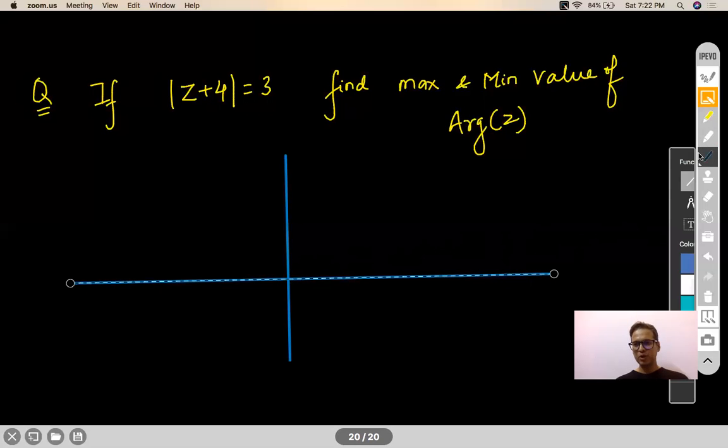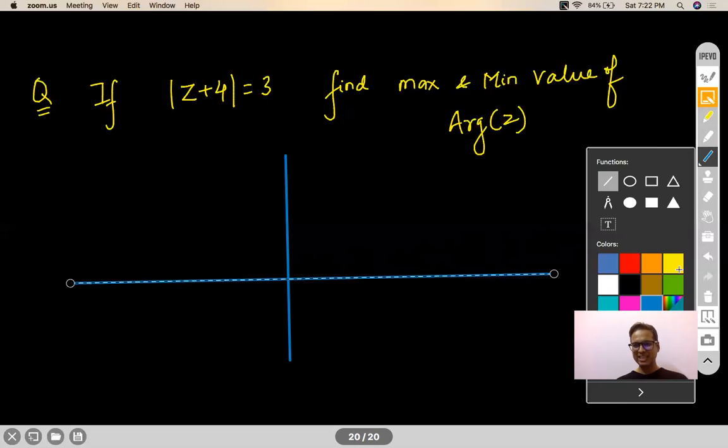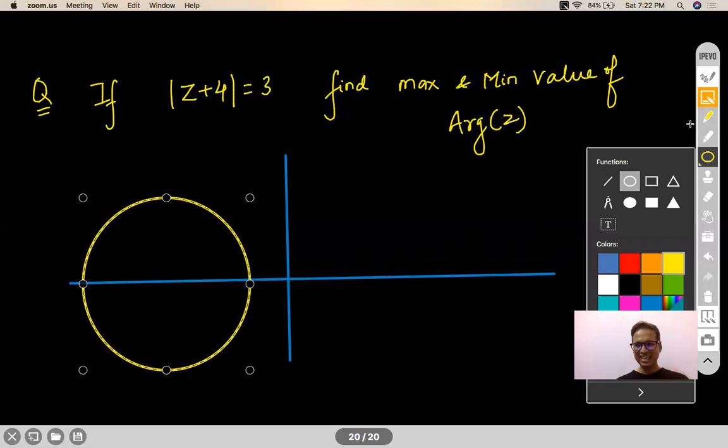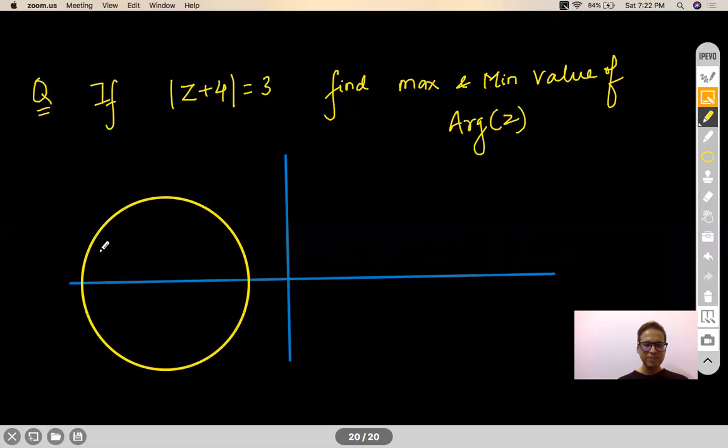Now I'm sure all of you know that it is again a circle, but this time not the inside region. This time you can only go on the periphery of the circle. So z can rotate only on the surface of the circle, not inside.